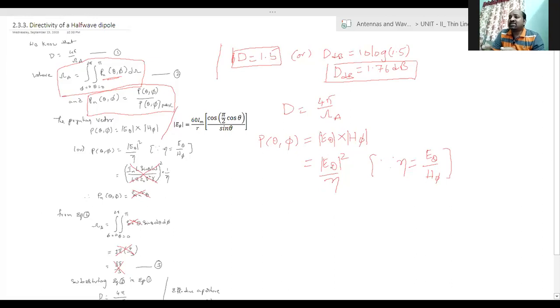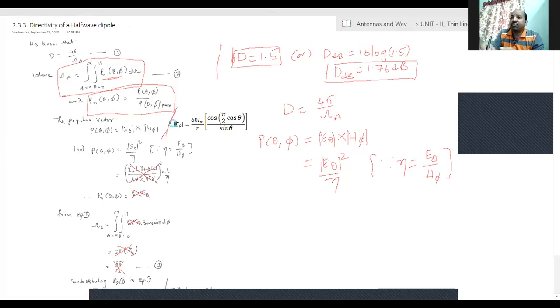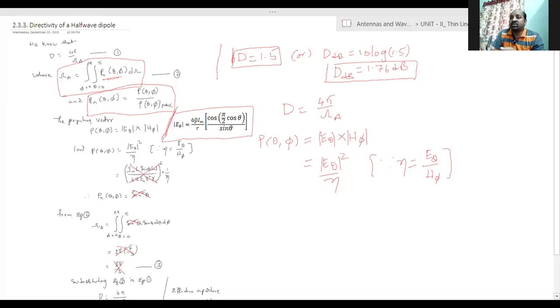And what is E theta here? The difference comes here. For the short dipole E theta is different, and for the half wave dipole E theta is different. The magnitude of E theta is equal to 60 Im by r times cos(pi by 2 cos theta) divided by sin theta.